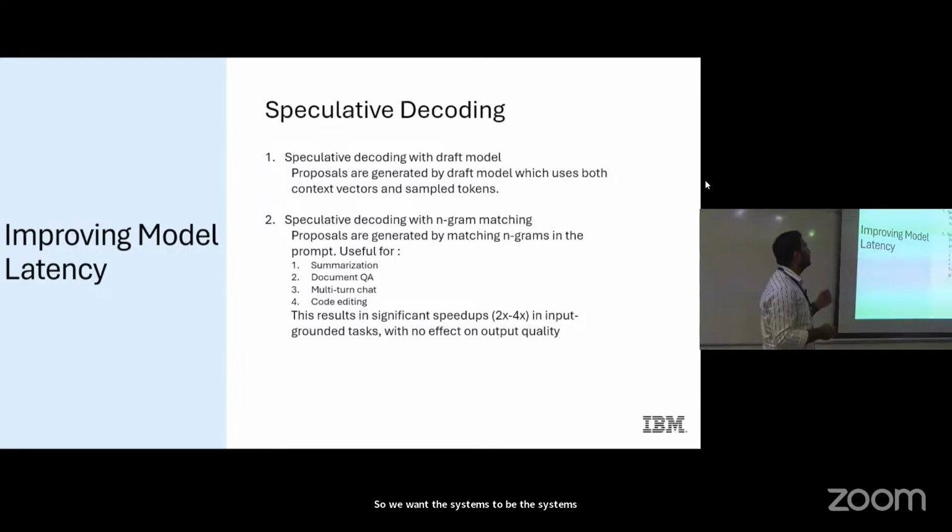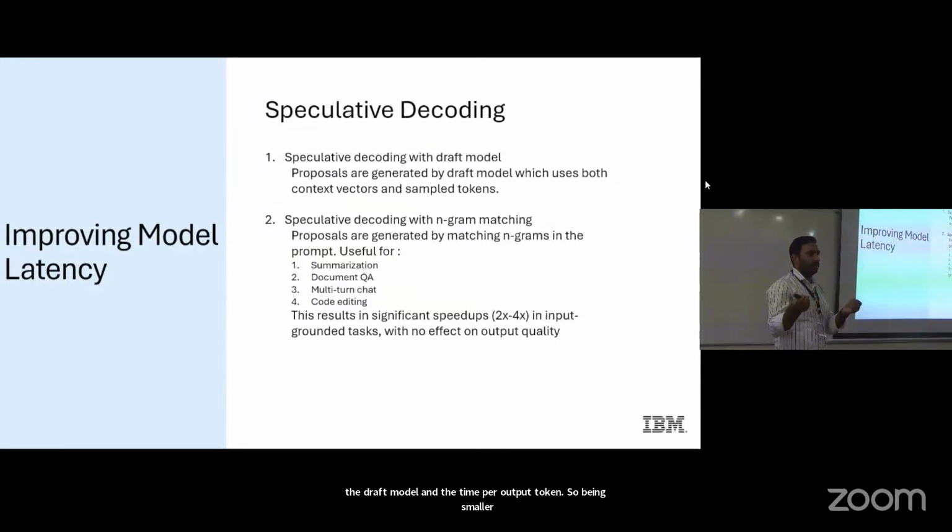Speculative decoding is a technique which directly contributes to the lowering of latency. There are two methods for speculative decoding. The first one is a draft model. You will use a smaller model, which is much smaller in size in comparison with your base model. It's called the draft model. Being smaller, you don't have much computation to get the sequence output.